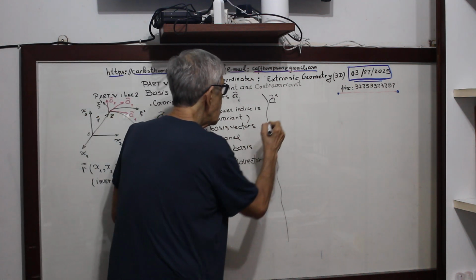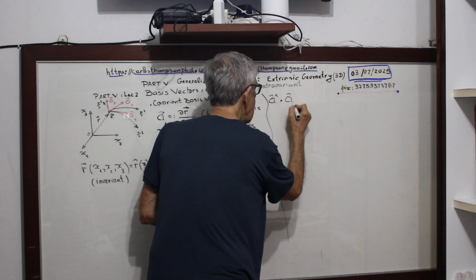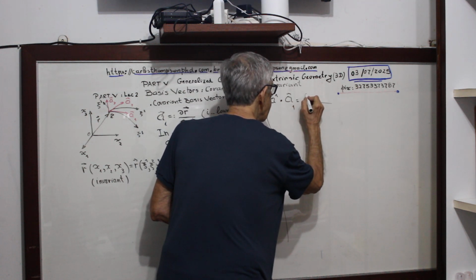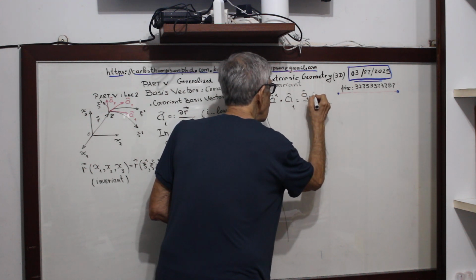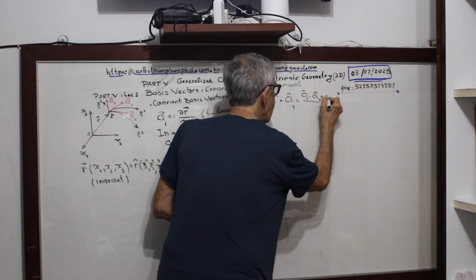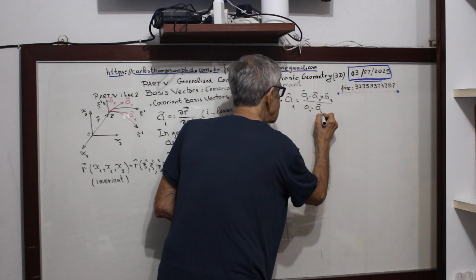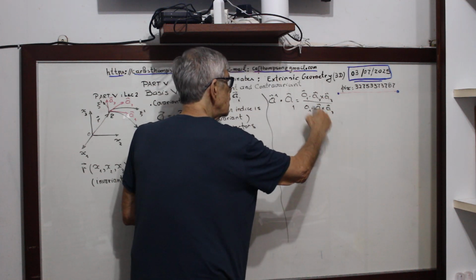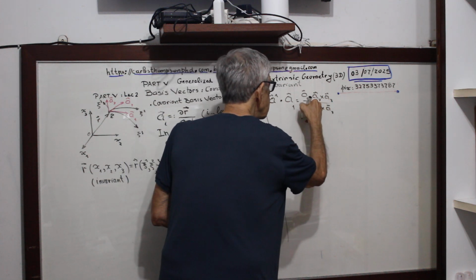Now, I'll take the dot product with this. Look how easy it is to see. Now just see it. This is scalar, this is scalar. See, this is A1.